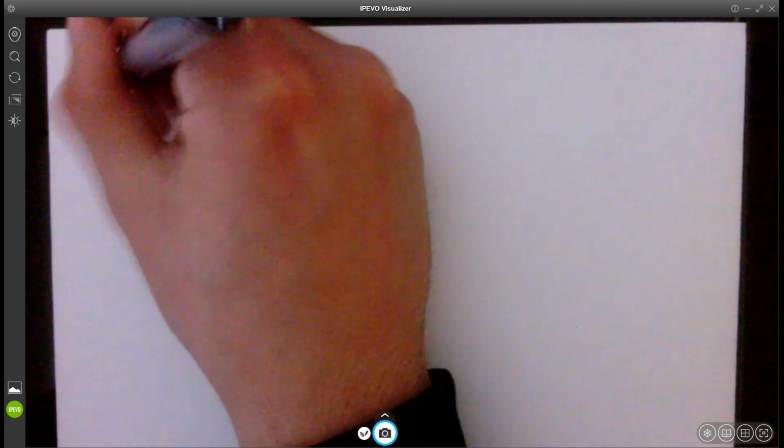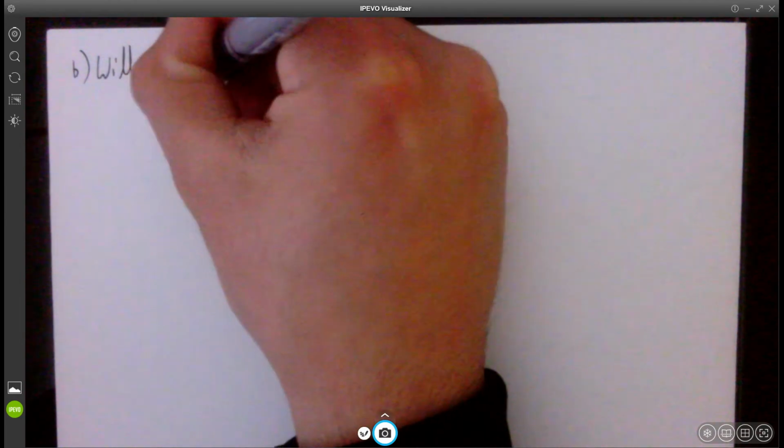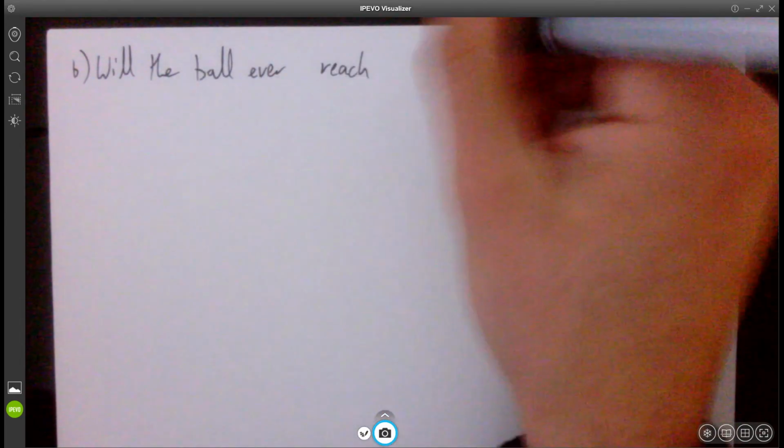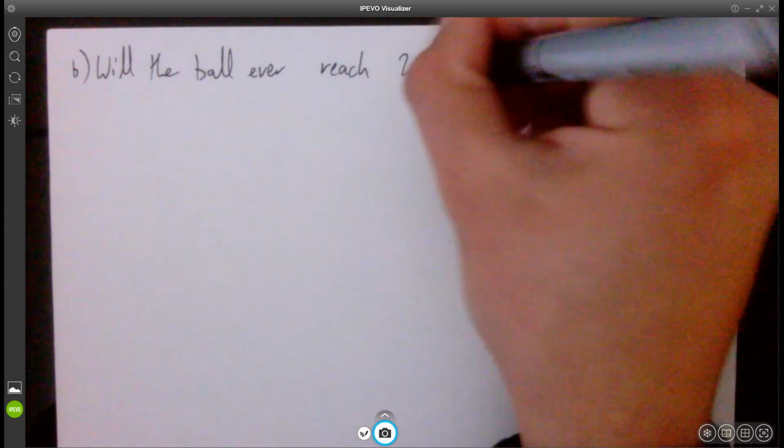So let me get a clean sheet of paper. This is part B. Will the ball ever reach 250 feet?